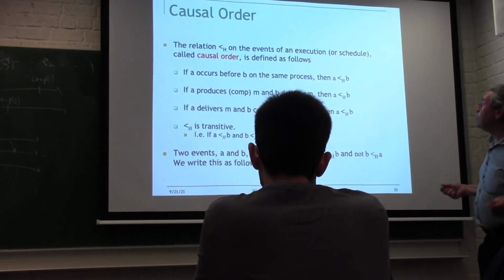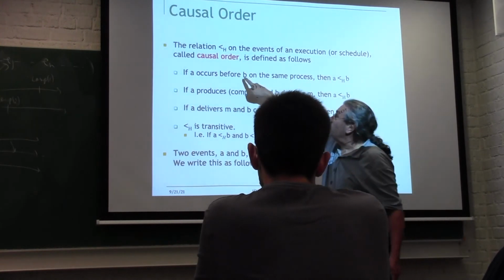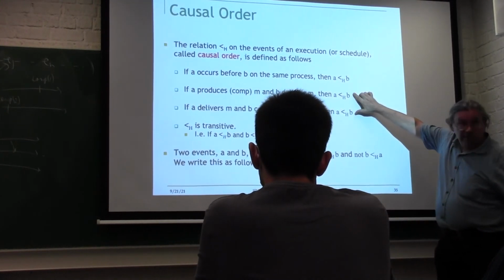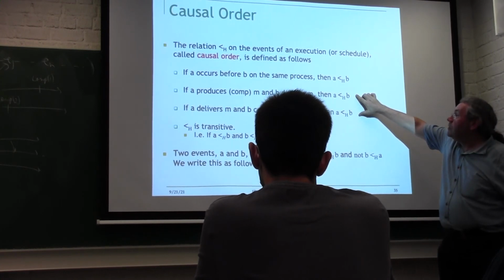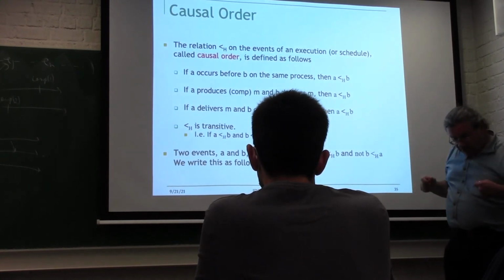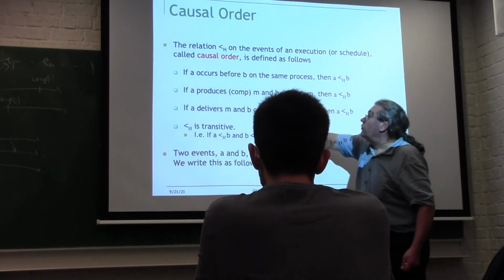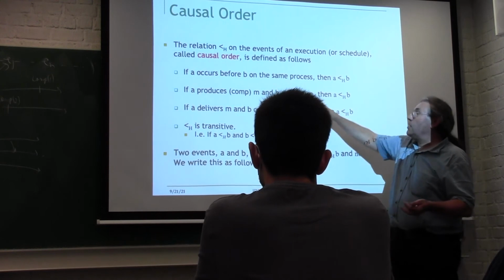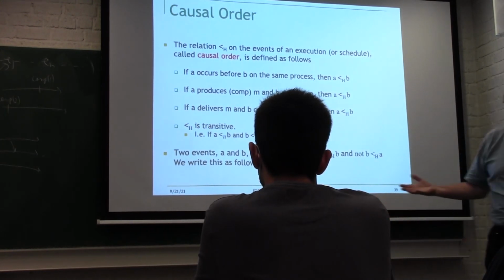It won't work anymore. So this is basically sequencing on the same process. And these two are for delivery. If I send something, so here the produce, and somebody else delivers it, then the delivery has to be after the send. Okay, that's clear, right?